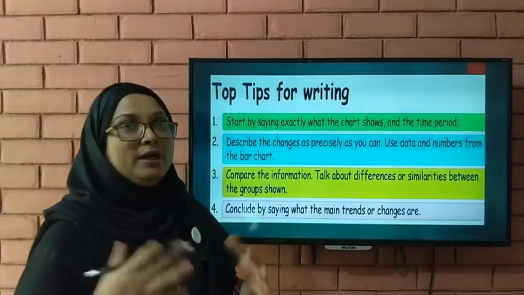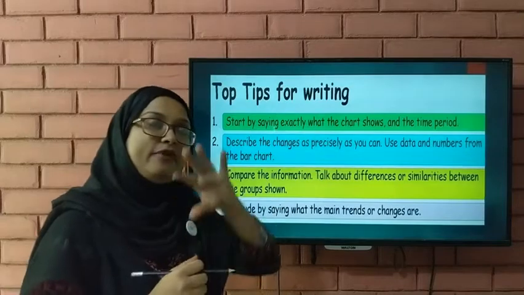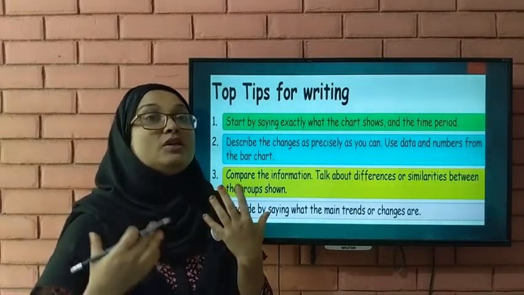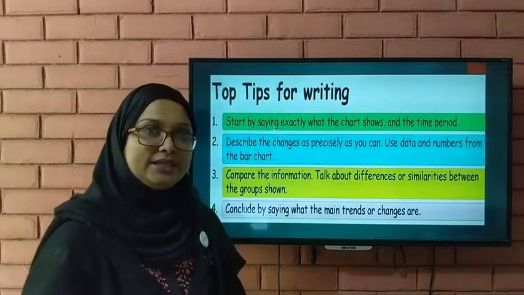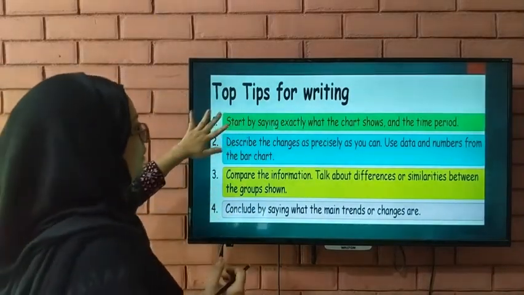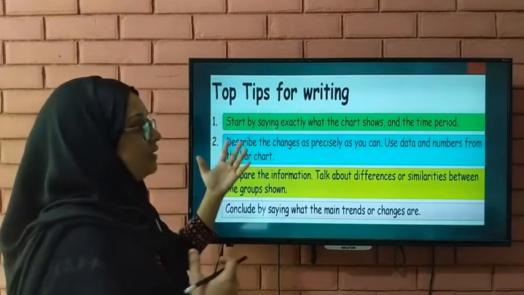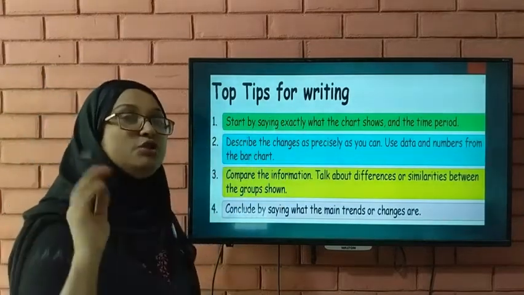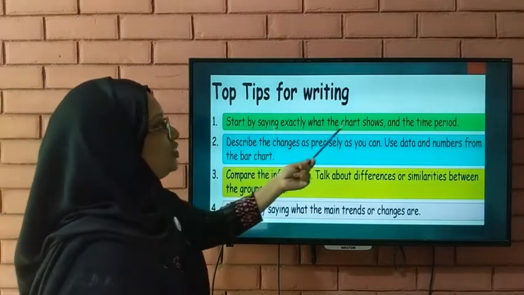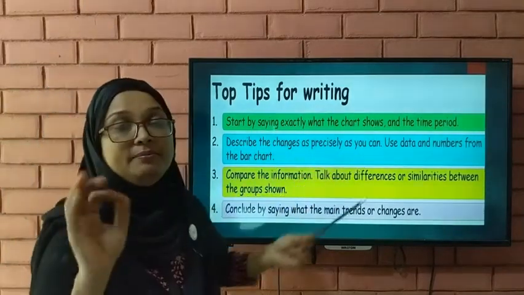I hope by this time, from this discussion, you have got some idea how we will write graphs and charts. Now you can take the screenshot because these tips are very important and you should remember this. Start by saying exactly what the chart shows and the time period.